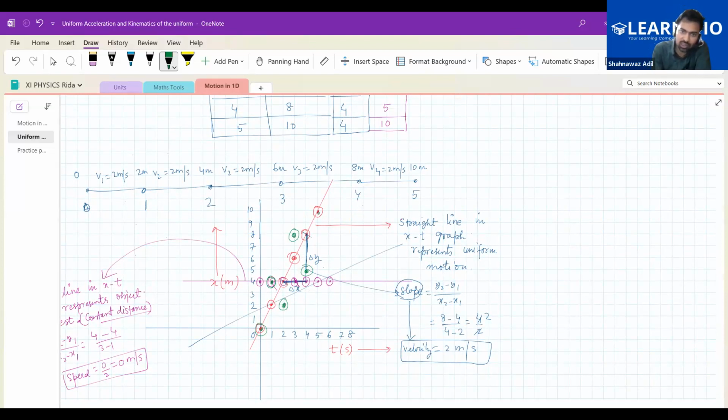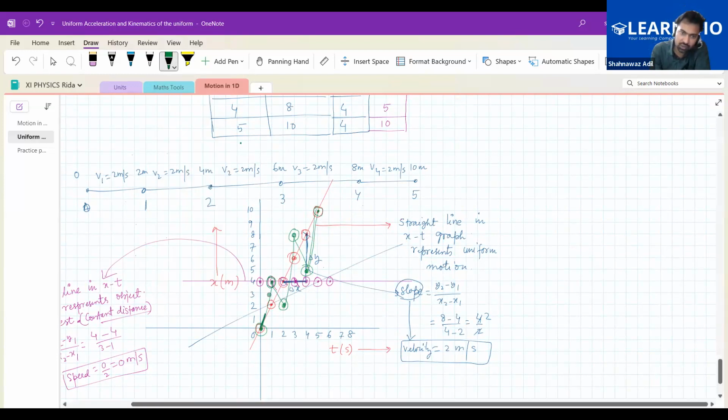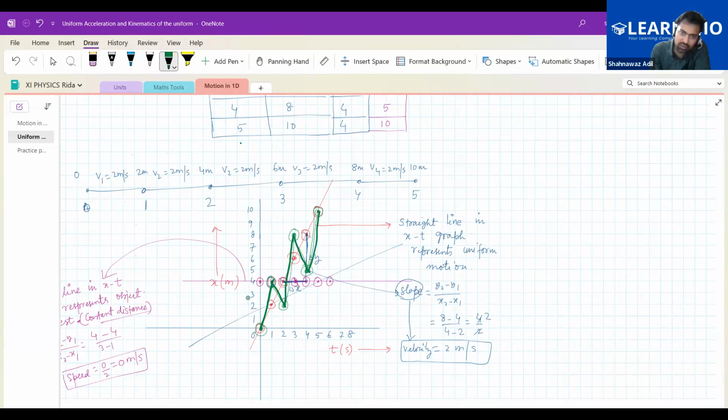So what kind of graph is this? It goes like this, then this, then this, then this, and then this. What kind of motion is this? Is this a straight line?